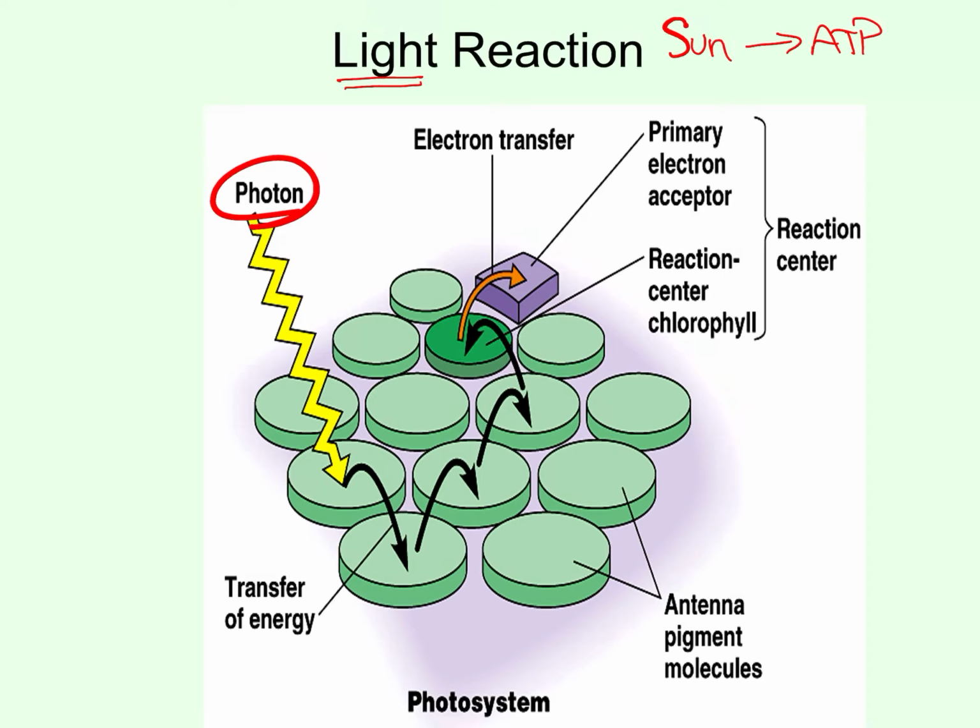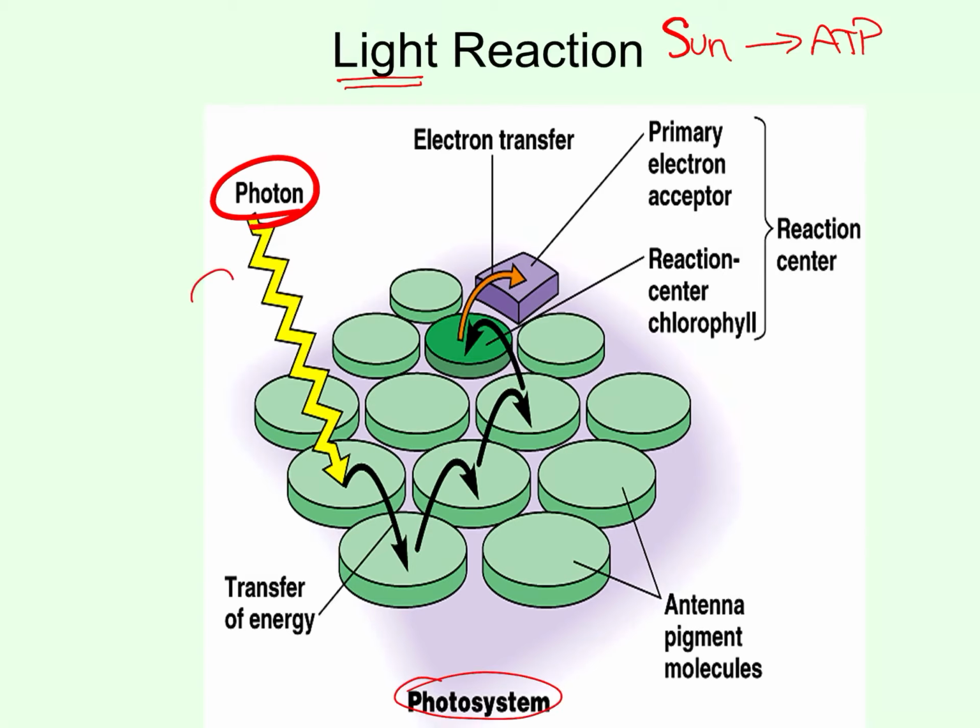And let me just explain what a photosystem does. So we know that this is happening in the thylakoid membrane of a chloroplast. And if you look at your outline, photosystems are a cluster of pigments embedded into the thylakoid membrane. There is a reaction center chlorophyll A, and antenna pigments. So what you're looking at here is a photosystem.